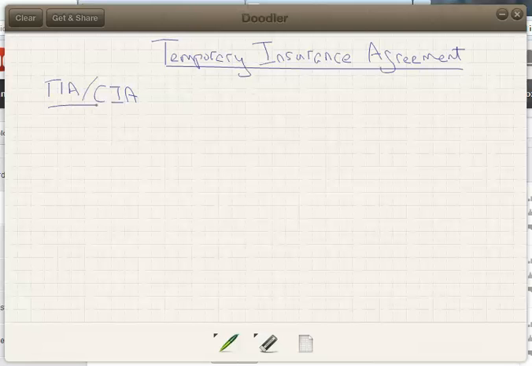or CIA. Now what will happen is this insurance will be enforced typically for a limited amount of time. So it's not perpetual. It's very common to see this run out after, say, 90 days. That's not always the case. It's not universal, but that's pretty normal.